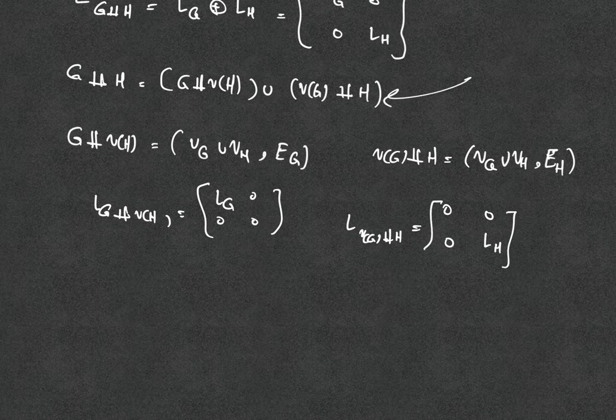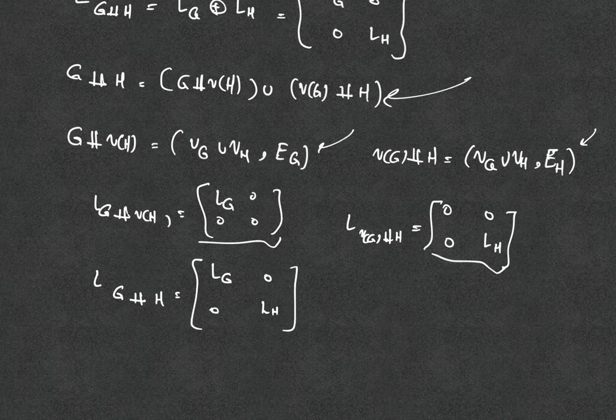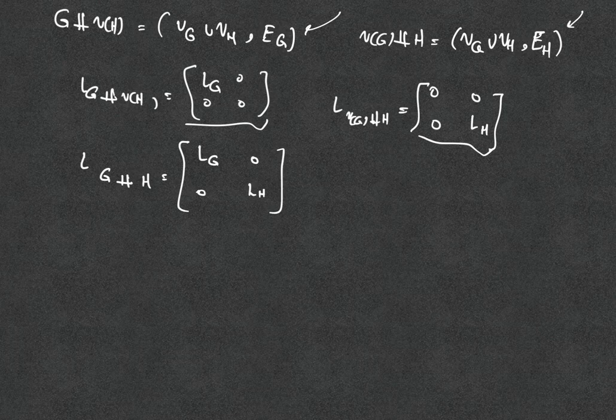Now, based on this definition right here, and given that we have these graphs defined on the same vertices, but with no intersection of their edge sets, we can use the additivity property, and then we have the summation of this and this, which is L_G, L_H, 0, 0. One very interesting thing that this implies is that the Laplacian is the direct sum of the Laplacians of the connected components.